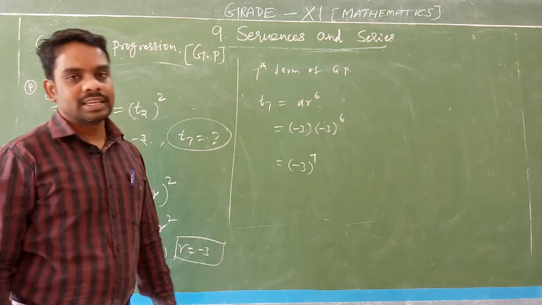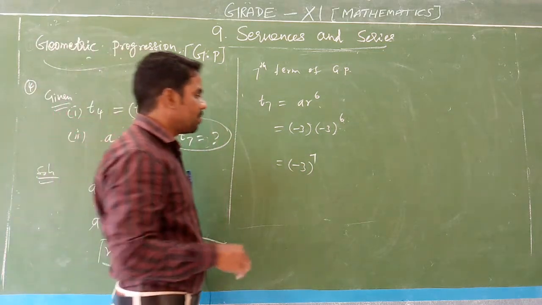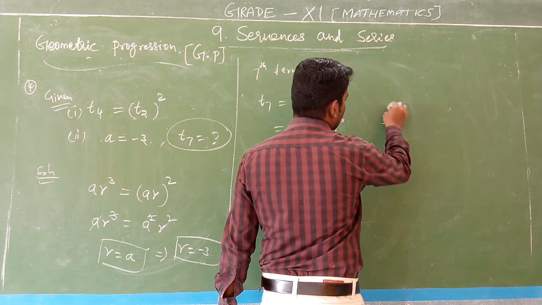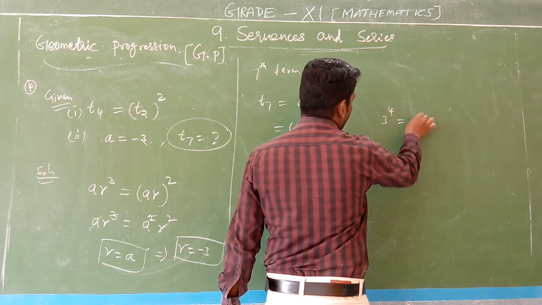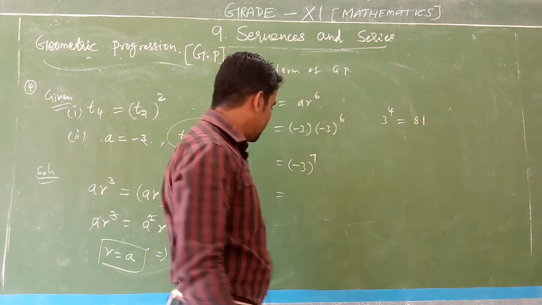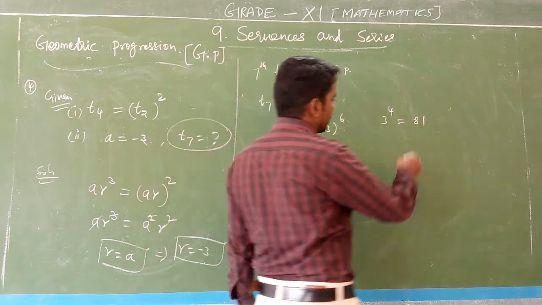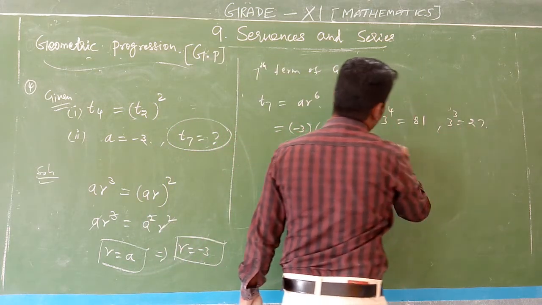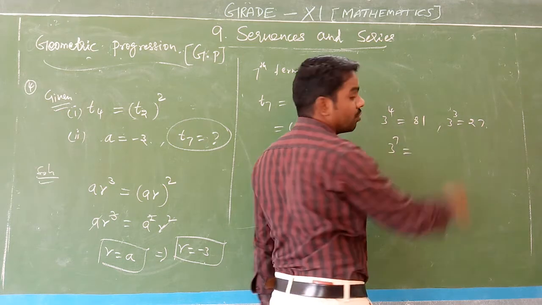Now 3 power 4 is 81, and 3 power 3 is 27, so 3 power 7 is 3 power 4 into 3 power 3.